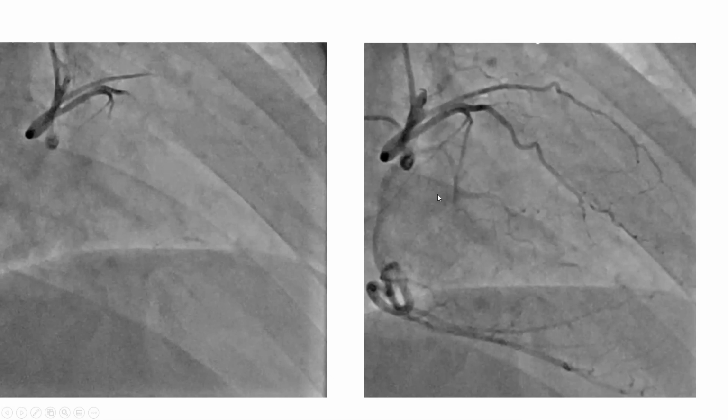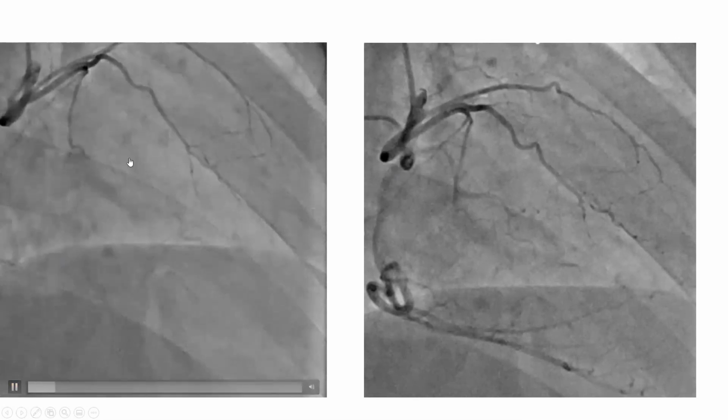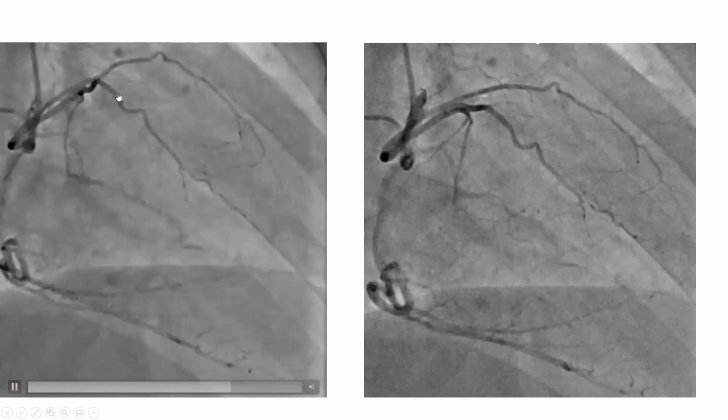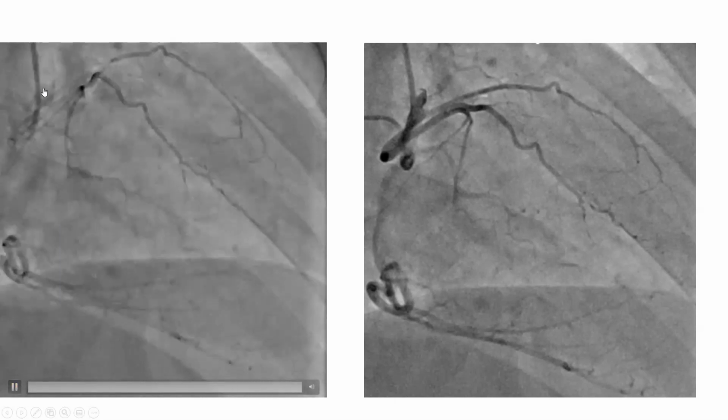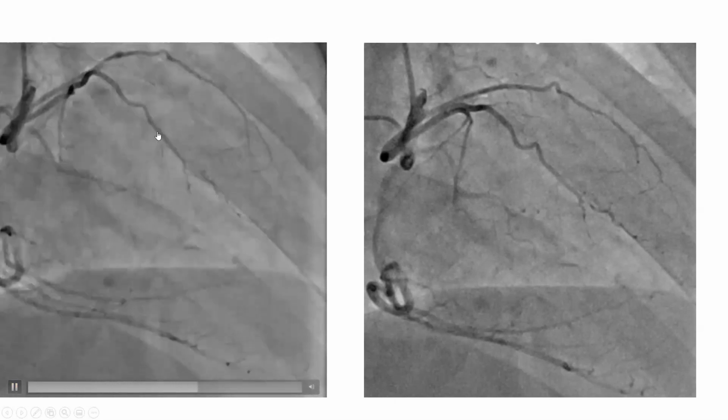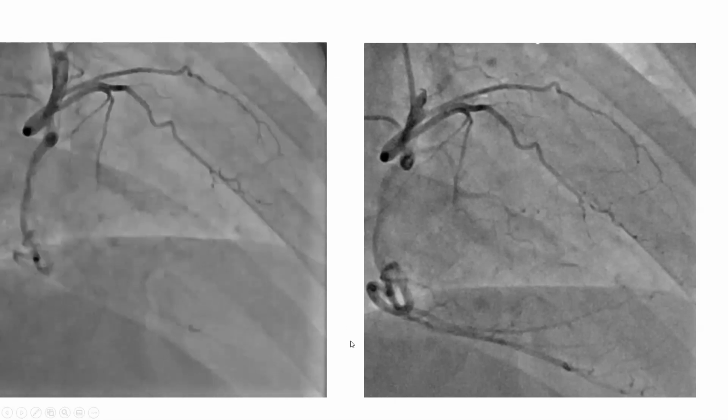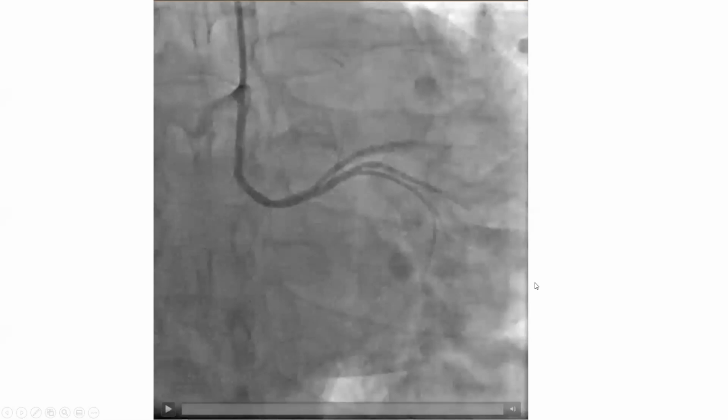The true circ is the one that is parallel to the RCA. Okay, so understand the anatomy here. True circ is this one parallel to the RCA. This is a true circ after it has given two obtuse marginal branches. Like I said, through this talk, I don't want you to just understand coronary anomalies. I want you to understand angiography. It's a good exercise in angiography.